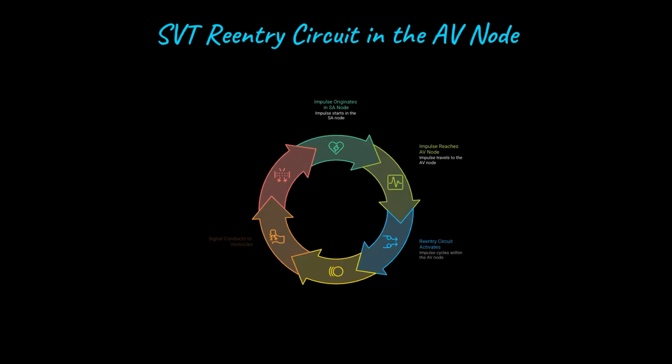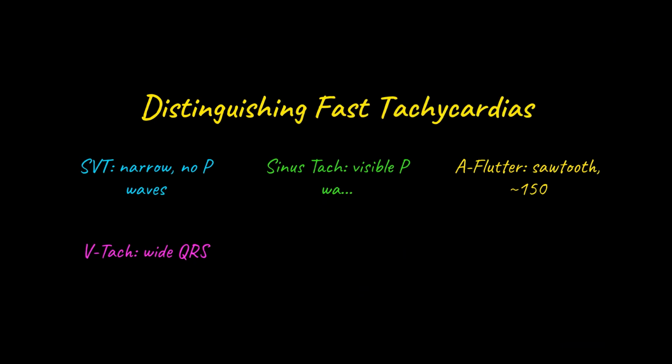The most common cause of SVT is a re-entry circuit within or near the AV node. In AVNRT, the impulse loops continuously through the AV node, firing the ventricles rapidly via the His-Purkinje system and producing that characteristic narrow QRS. Keeping SVT distinct from other fast rhythms is where exams test you.